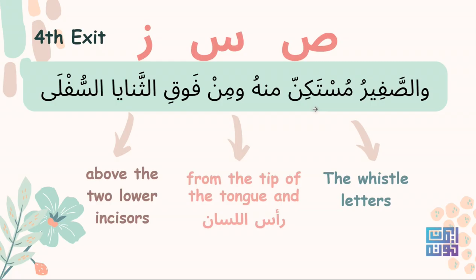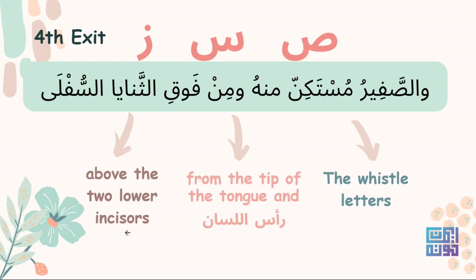And he says mustakin minhu, they are pronounced, the makhraj, from the tip of the tongue, ra'sul lisan. Ra'sul lisan is part of the tip of the tongue. And this part of the tongue is placed above the two lower incisors.